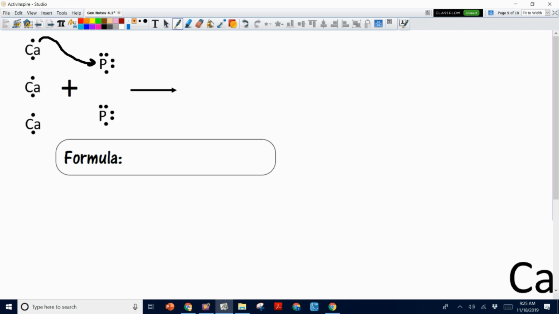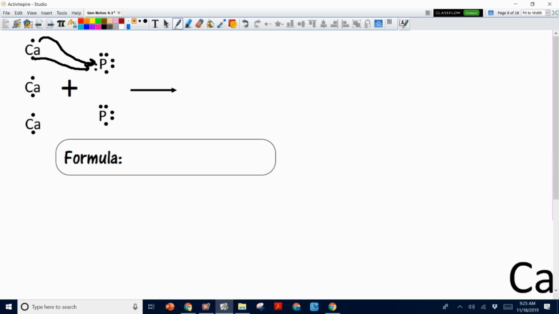Calcium is in the second group, so it has 2 valence electrons. So that's what those 2 dots are. These are Lewis structures. And then phosphorus, since it's in group 15, has the 5 dots. So we have these 2 dots that come over here. So now we have phosphorus that has 2 dots. But if we look at the bottom of phosphorus, there's still a dot there that is left unpaired.